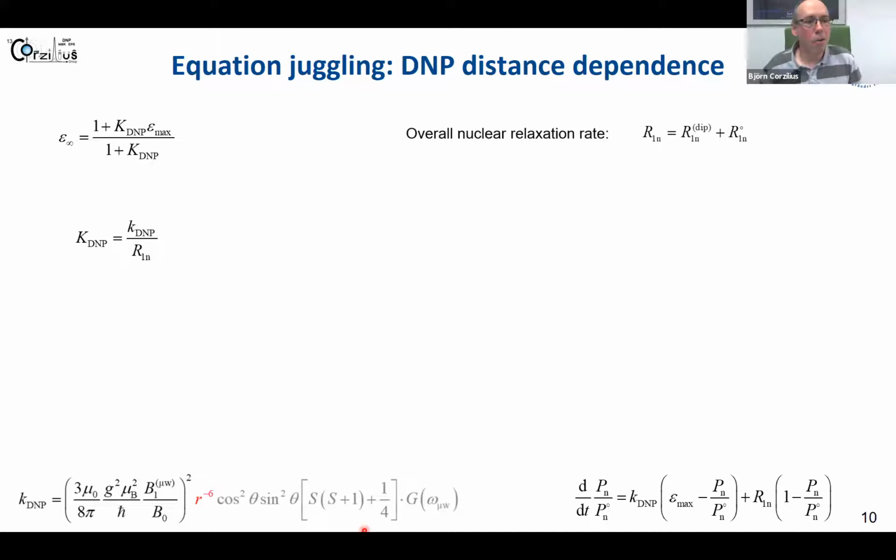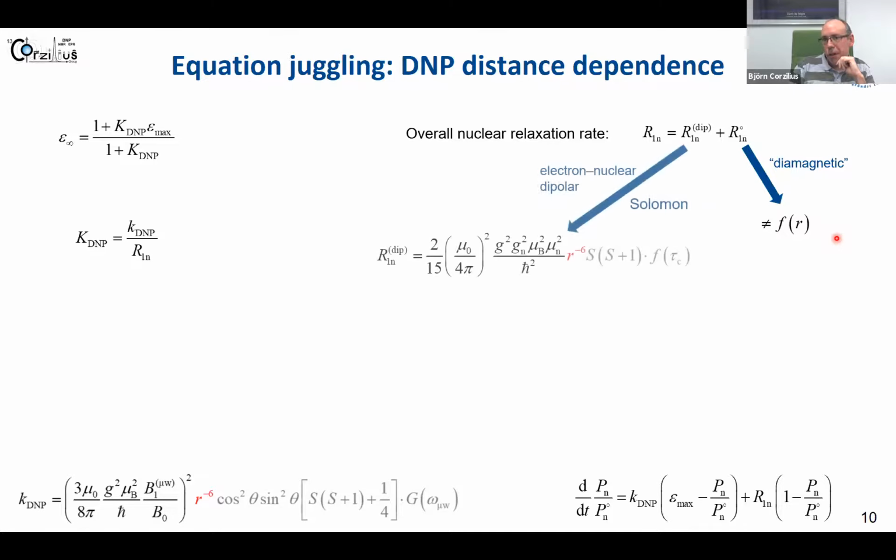And now we still need the nuclear relaxation. And this is a little bit more complicated because here we have a dipolar relaxation rate and what we call a diamagnetic relaxation rate, which is not affected by the electron spin, but is an intrinsic spin lattice relaxation rate of the nuclei. So this is not a function of the electron nuclear distance.